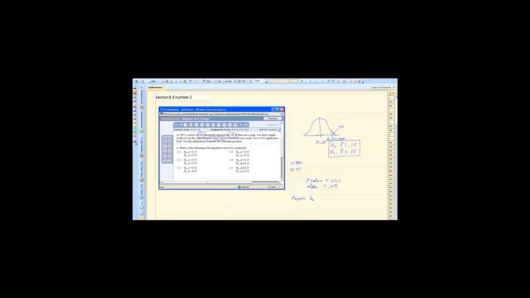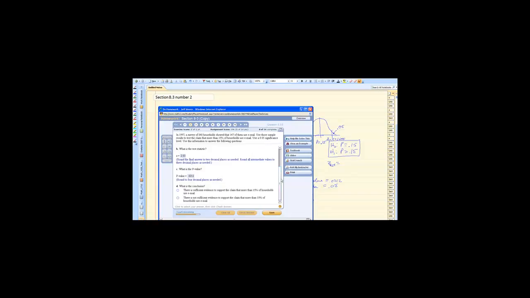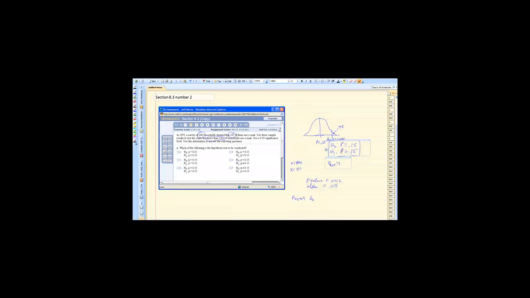Our test statistic, the z-test value, turned out to be 2.03. Now that is greater than 1.645, so we landed up here, beyond our critical value.